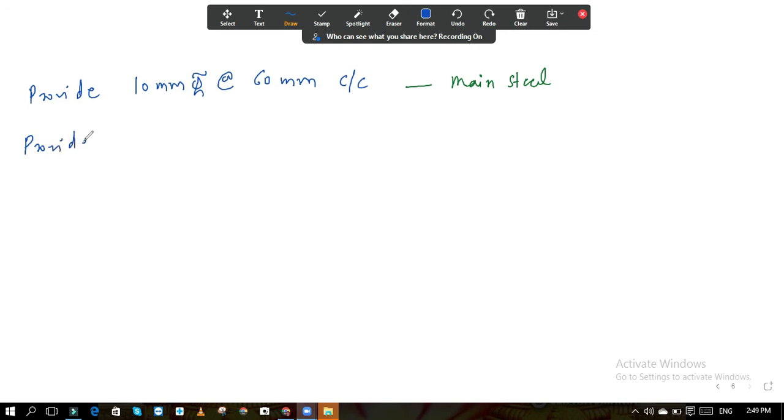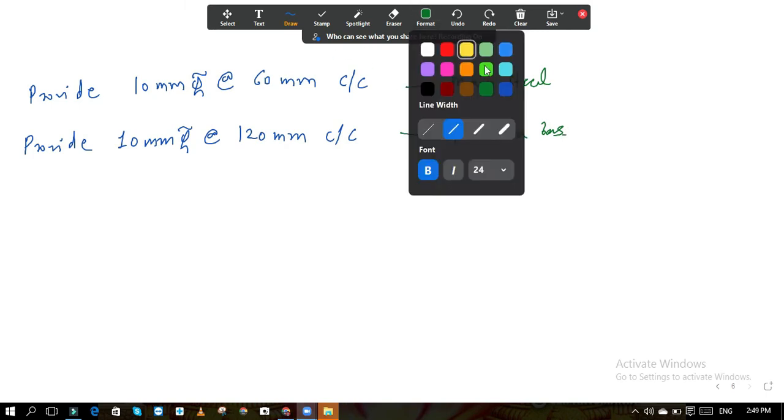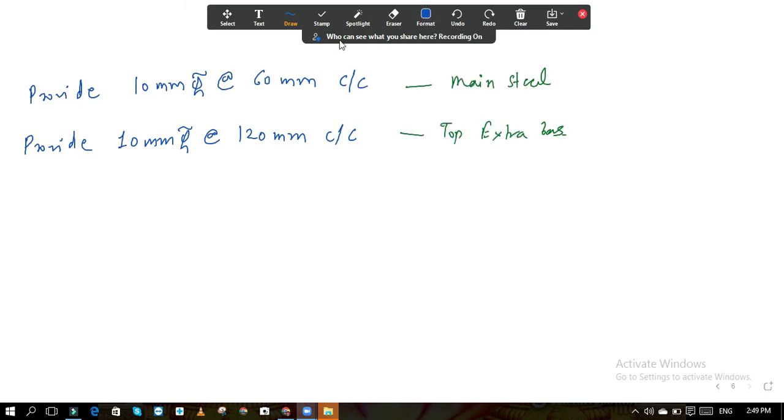So provide 10 mm diameter about double the spacing, 180 mm center to center. These are the top extra bars. Now this is our main reinforcement.